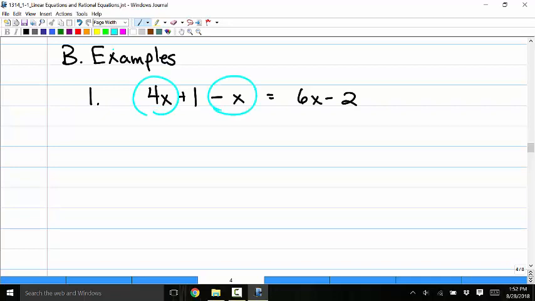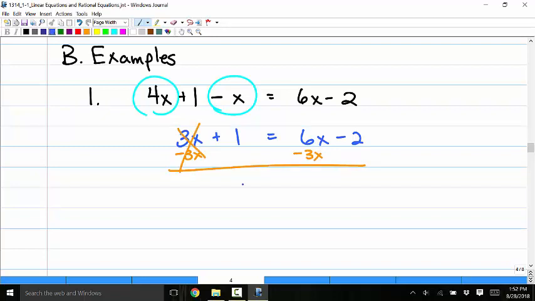When we collect like terms, we get 4x - x is 3x, plus 1 equals 6x - 2. We want to move the 3x to the right, so I need to subtract 3x from both sides, and I get 1 = 3x - 2.